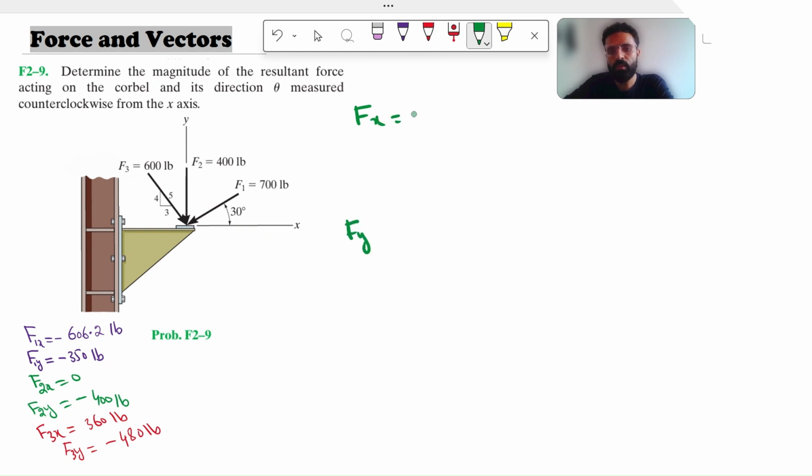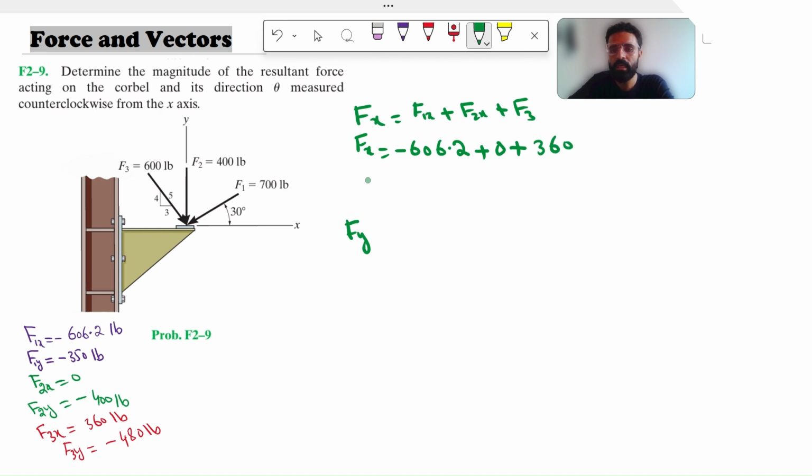So the Fx will be the sum of the individual horizontal components of each force: F1x plus F2x plus F3x. Putting the values of each force's horizontal component, for F1x the value is minus 606.2, plus the F2x value is 0, then plus F3x, its value is plus 360.